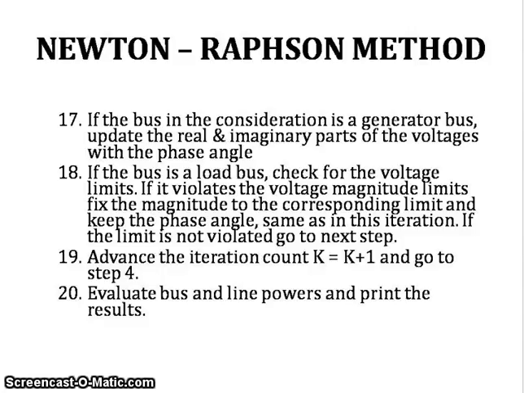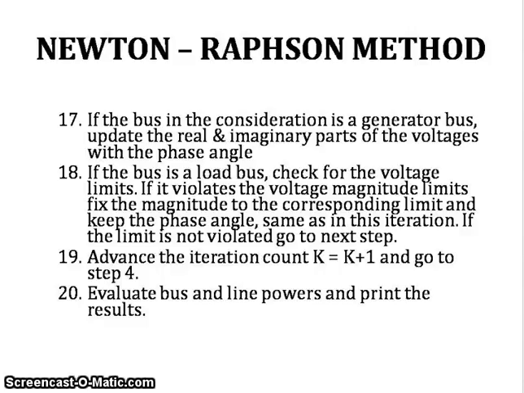Here we need to find a number of Jacobian elements, that is, dou P by dou delta, similarly dou P by dou V, dou Q by dou delta, dou Q by dou V. These are all the various Jacobian elements we need to find to compute this Newton-Raphson method. The Jacobian matrix would be a sparse matrix if the admittance matrix is a sparse matrix.